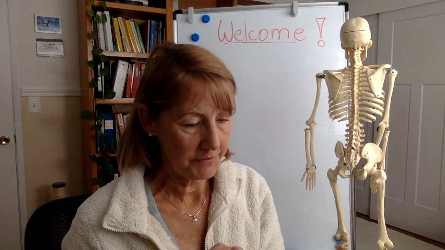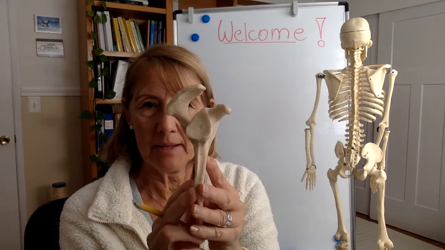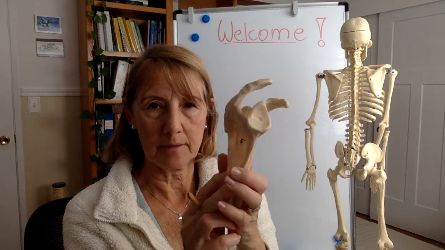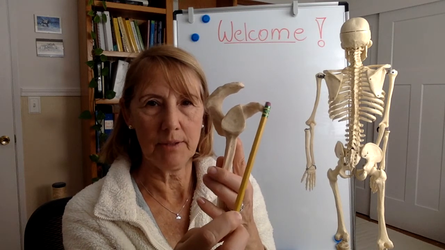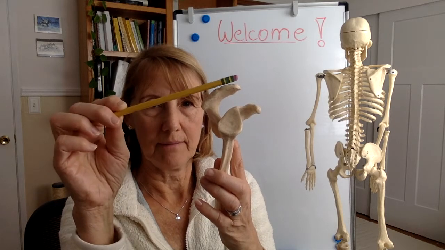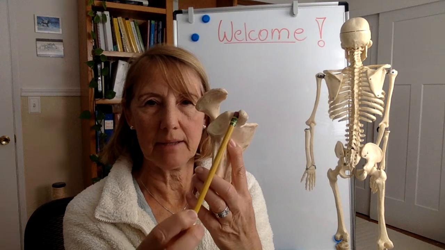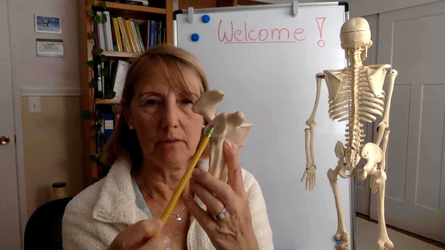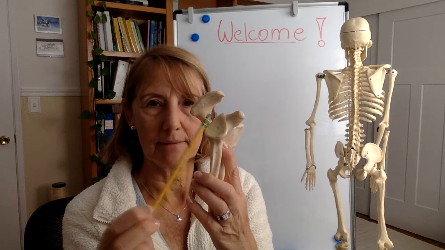In order, after spine of the scapula, you have the coracoid process. So if I show this to you like this on the camera, I have these sort of two protrusions, this one and this one. One of them, this coracoid, is seemingly very close to the glenoid fossa. That is the coracoid process.